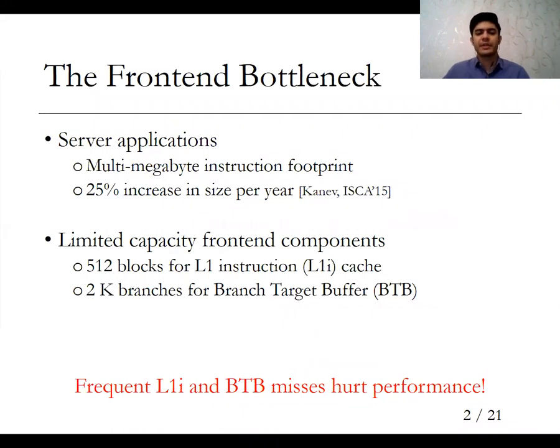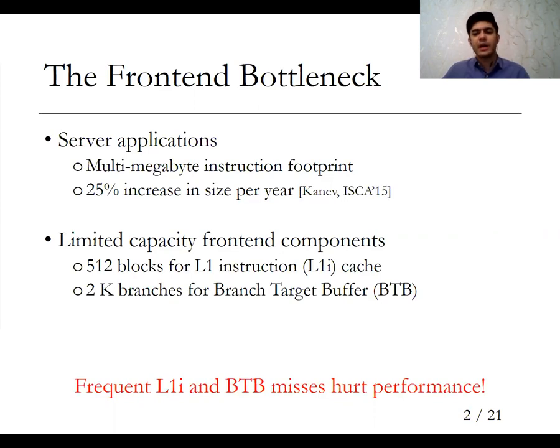The front-end bottleneck is a well-known source of performance degradation in server processors. Several applications have very large instruction footprints that even exceed multi-megabytes. Moreover, recent work has shown that the instruction footprint is growing rapidly every year. On the other hand, the front end of the processors has limited capacity components.